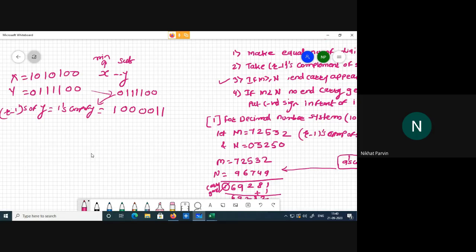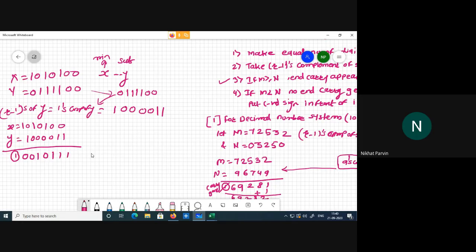That's how you will get your one's complement. Now you need to add this to your x, which was 1010100, and the one's complement of y. We add these and a carry 1 is generated.